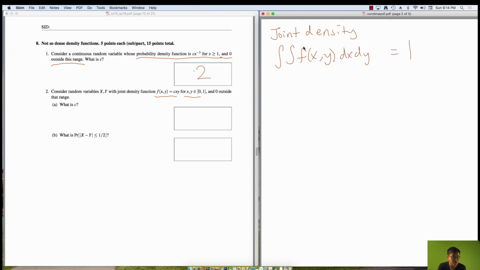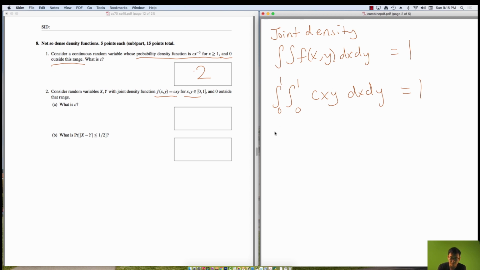Because this is a valid joint density. So in order to solve for c, I should use this fact right here. So if I integrate over all the possible places where the density is not 0, so that's when x and y are both between 0 and 1, and integrate cxy dx dy, this should give me 1.